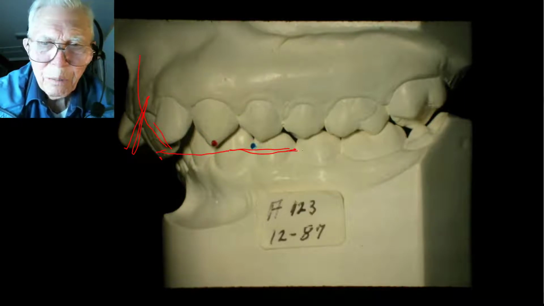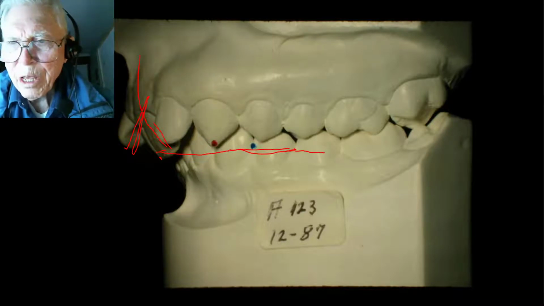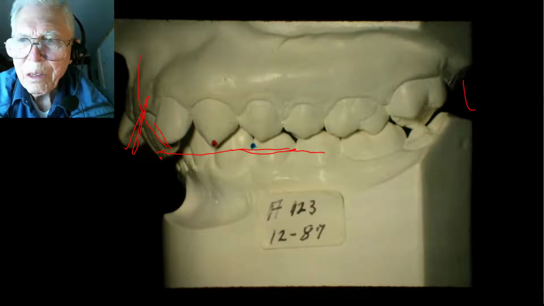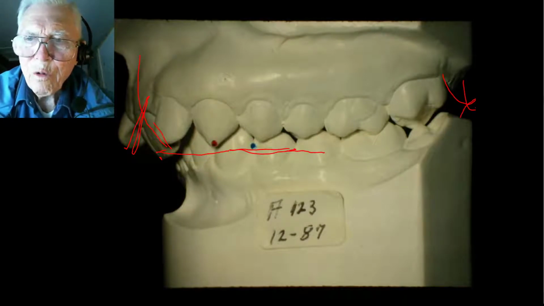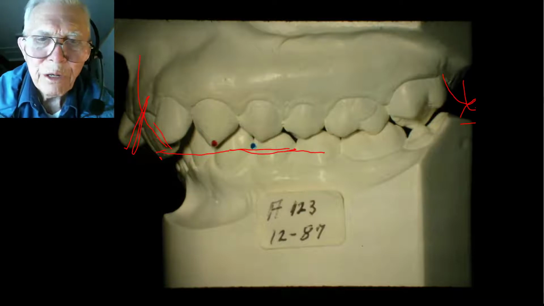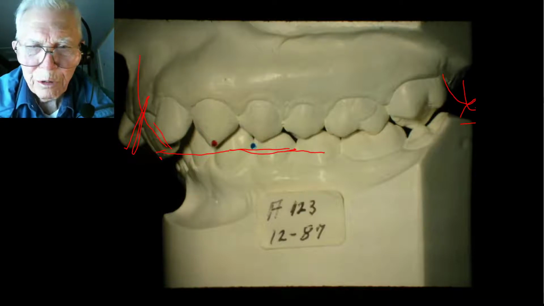Now that's not the problem in it, but the condyle. You've got the fossa back in here, and well, I can't draw it in there. Anyway, the condyle is too far back, and it's shoving into this retrodiscal tissue.